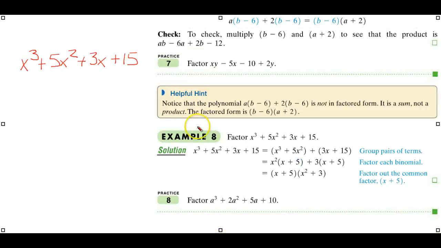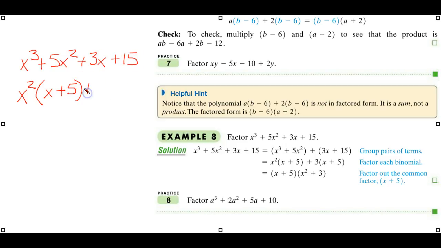In example 8, again, there are 4 terms. Now notice there's a common x in 3, but not the last term. But if we factor by grouping, looking at the first 2, we can take out an x squared. And we get an x plus 5. And in this technique, we're looking, what do we need to do to the last 2 to get an x plus 5?